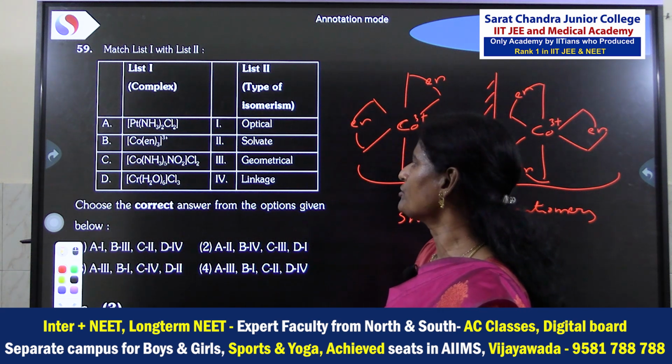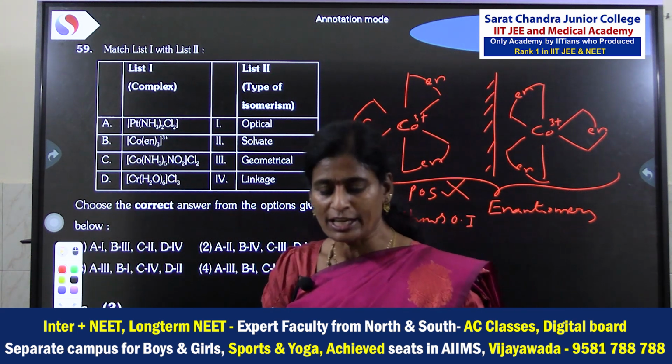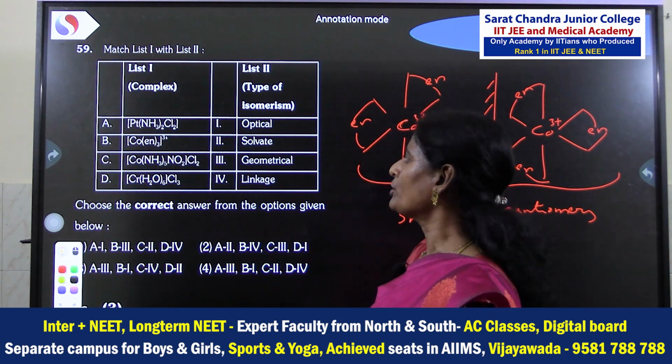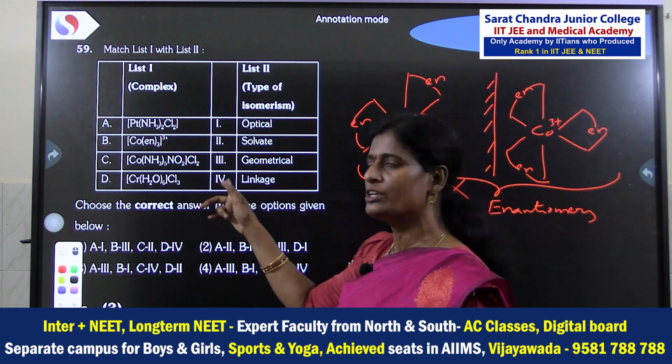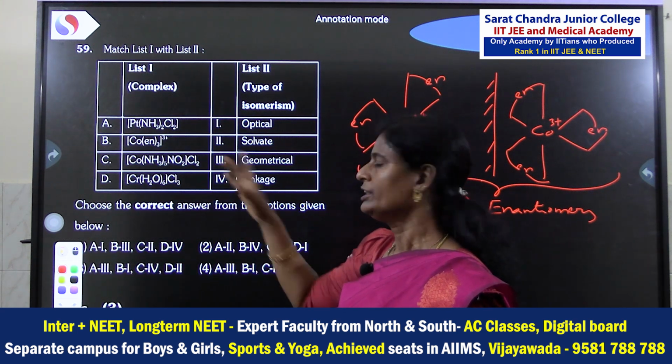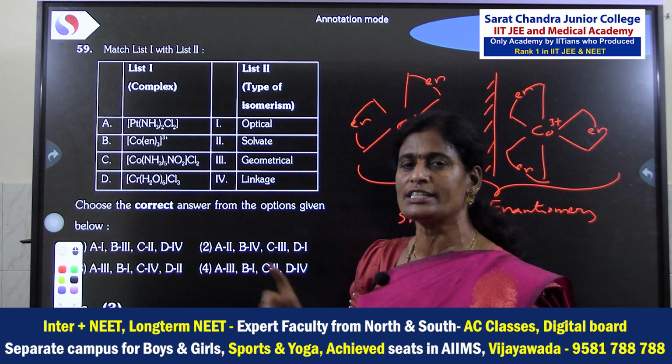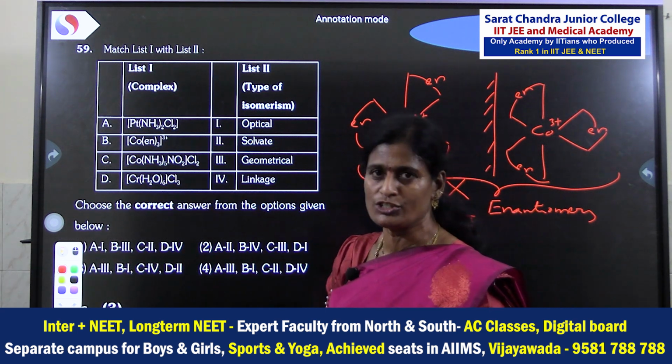Solvate isomerism is that isomerism in which water molecules act as ligands, and the two isomers differ in the number of H2O ligands inside and outside the coordination sphere.